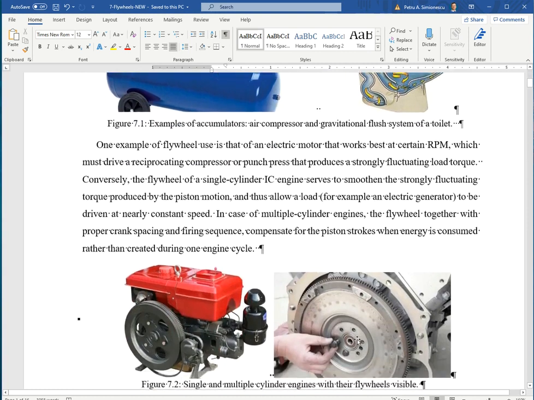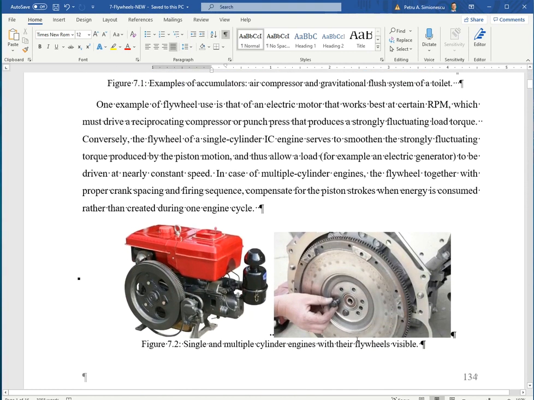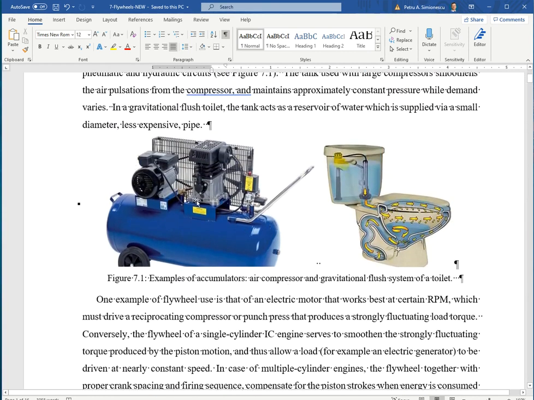Okay, so in engines now, so yeah, we discussed it. Here too, you can see, going back to the air compressor example, it looks like the fan of the compressor to cool the compressor itself, but also serves as a flywheel.